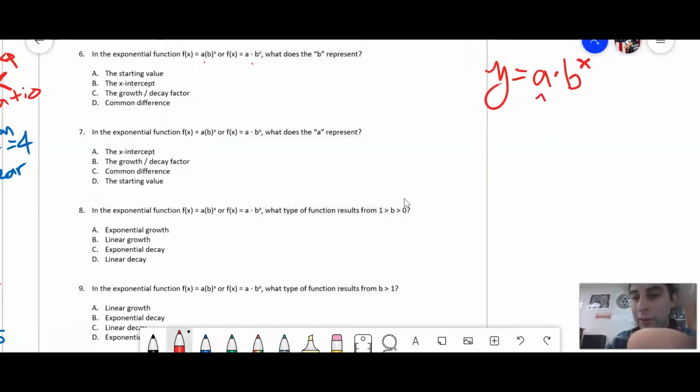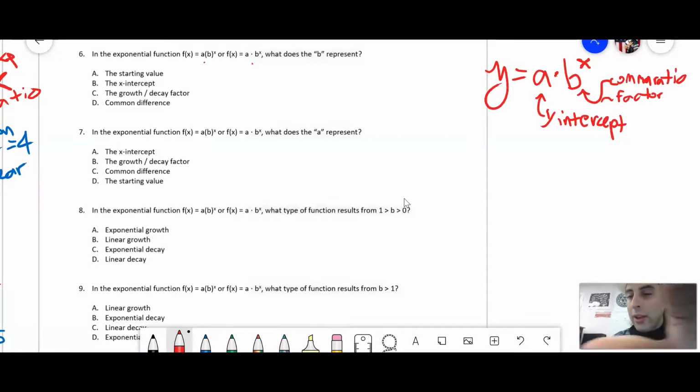A is the y-intercept, and b is the common ratio, or you can call it the factor of growth or decay.